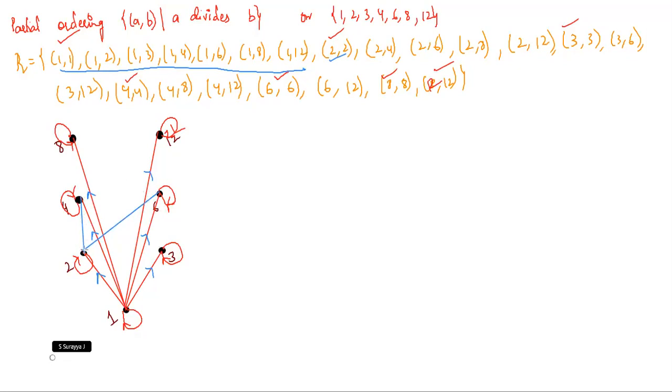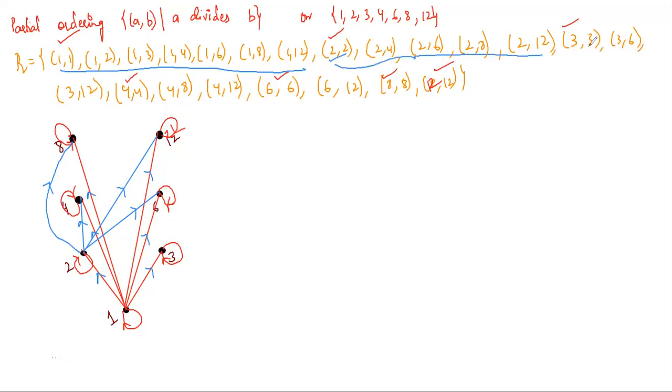So 2, 8 I'll draw later. So first we'll draw 2, 12. Now let's give the direction. Before that we have to draw 2, 8 also. So this is here 2, 8, and all of them are in the upward direction. And after that, we have completed this part also where the initial vertex is 2.